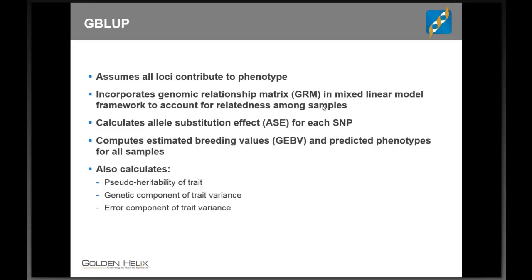So you can see one animal at a time, which are likely to pass on the best traits to their offspring. It also gives some other statistics of interest, including trait heritability estimates and a breakdown of variance components of the trait, the genetic contribution and error contributions.